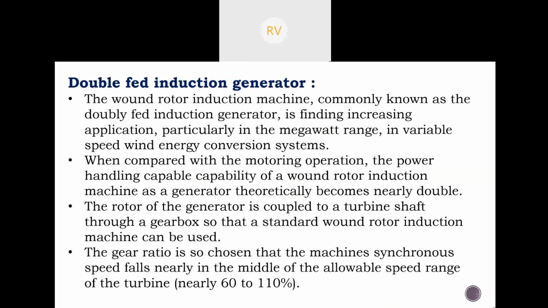When compared with the motoring operation, the power handling capability of a wound rotor induction machine as a generator theoretically becomes nearly double. So if the doubly fed induction machine is used as a generator, it has almost double the capacity as when it is used as a motor.